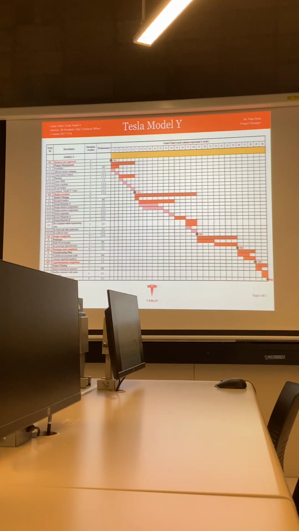Now, Kylie, hi, how are you? From this chart, what kind of activity, what kind of project has the longest duration?